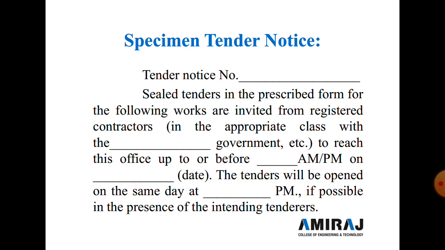Tenders should reach the office up to or before a blank AM/PM on a blank date. So the time and date are mentioned in the tender notice, and the tender will be opened on the same day at a given time.